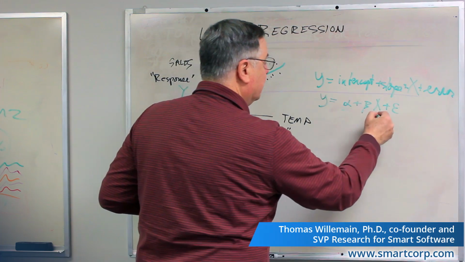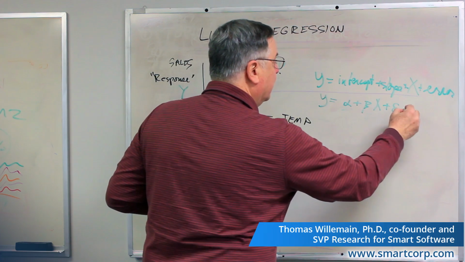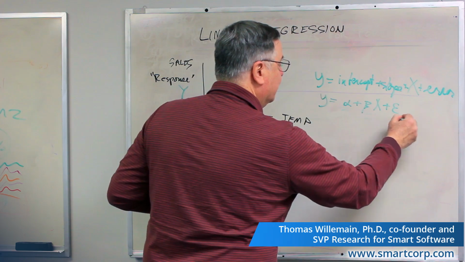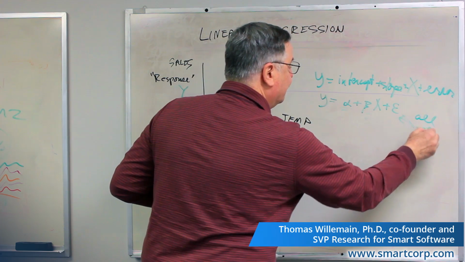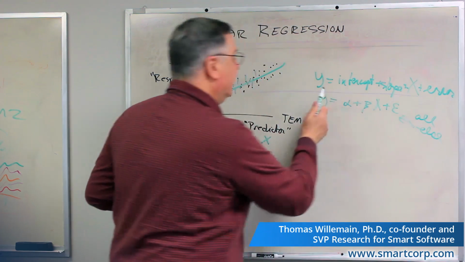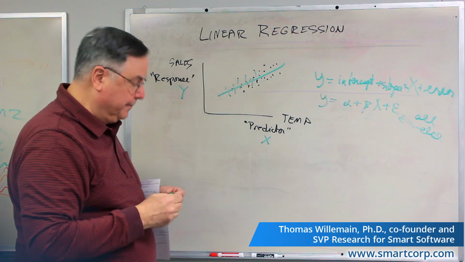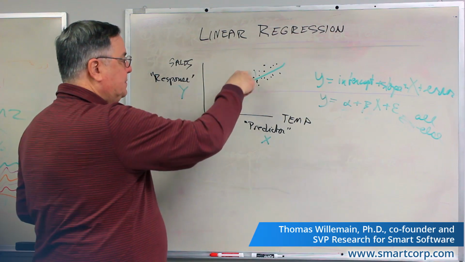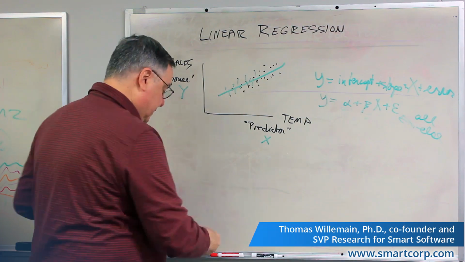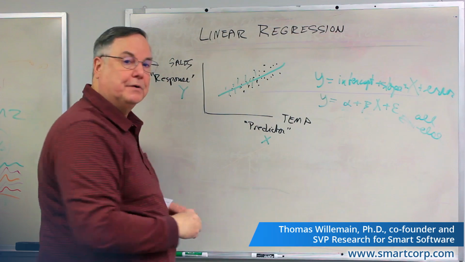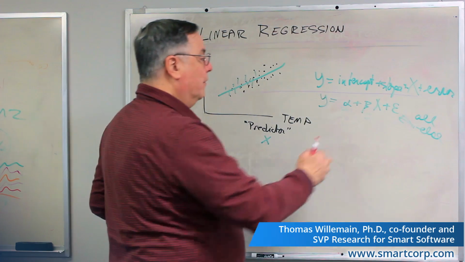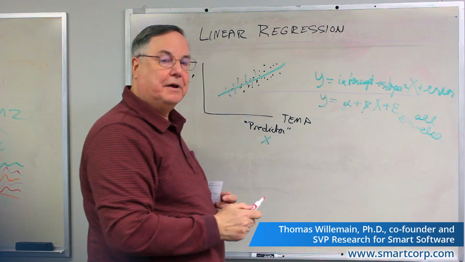Alpha is a number, beta is a number, and epsilon is all else, all the other factors besides x which have an influence on y. And those are responsible for these variations around the regression line. And so this is the general theoretical model.